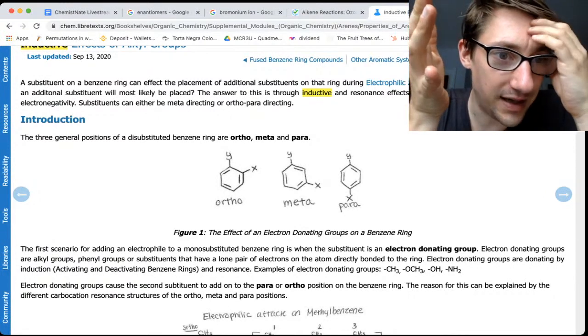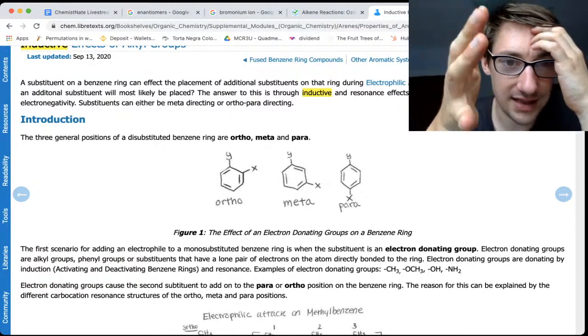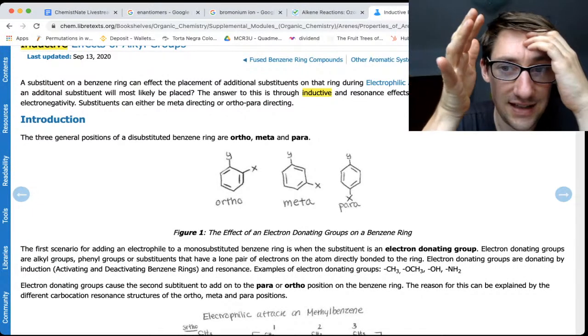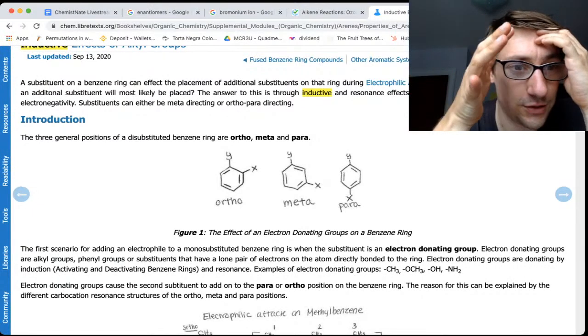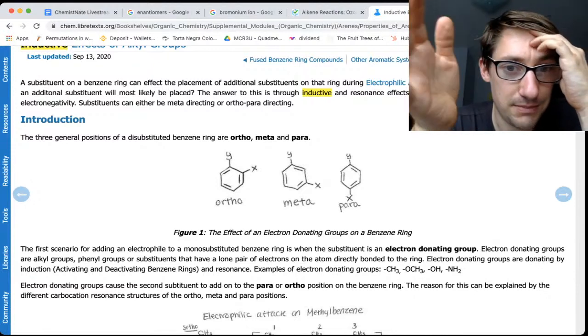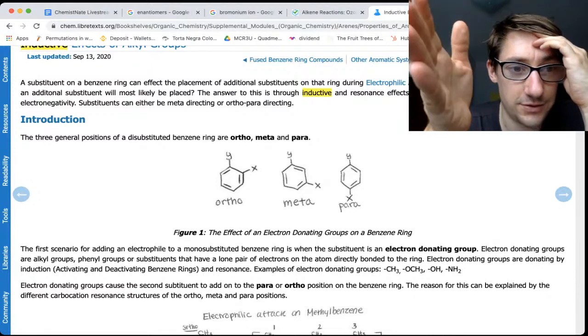How do we know where an additional substituent will most likely be placed? The answer is inductive and resonance effects. Inductive effects are directly correlated with electronegativity. Substituents can either be meta-directing or ortho-para-directing.